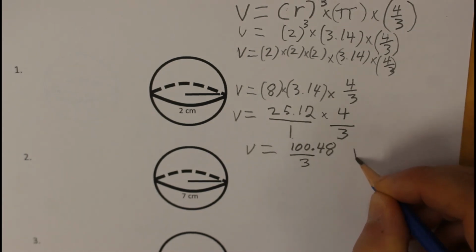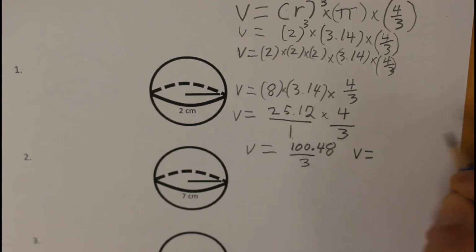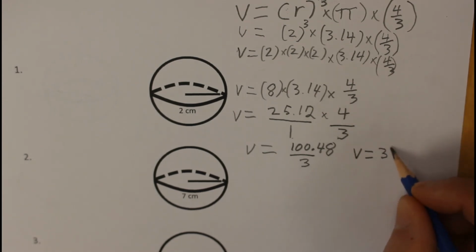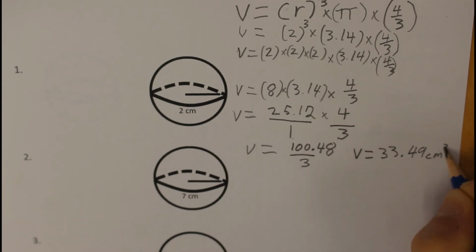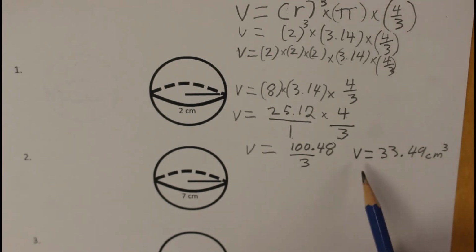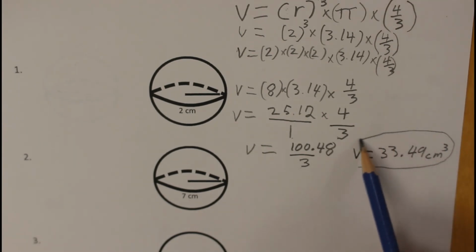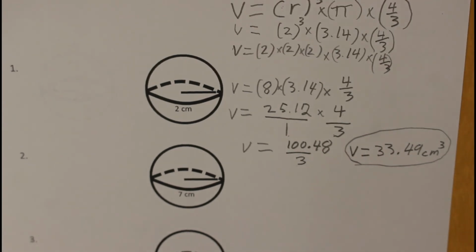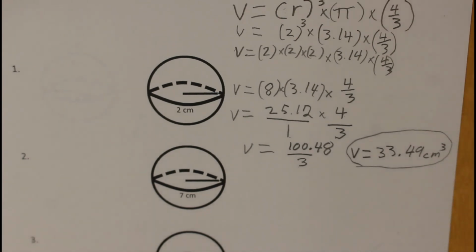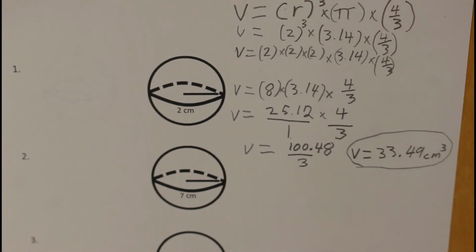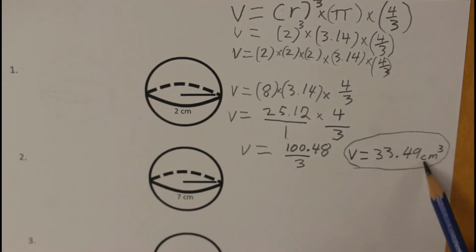So I'm going to round to the nearest hundredth. And we get 33.49 centimeters cubed. And all these guys are going to be centimeters cubed. They're always going to be centimeters cubed. And if you got 33.48, that's okay, just didn't round up, but in that area. And always, whatever the amount is, these are all centimeters, and it's always going to be cubed because we're dealing with volume.